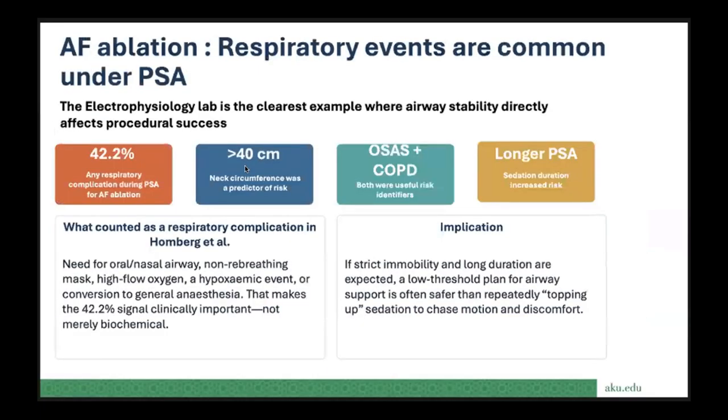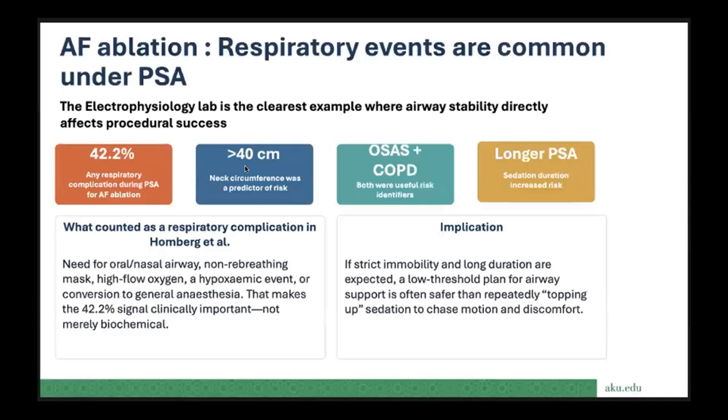Now, the atrial fibrillation ablation literature makes the respiratory problems very concrete. There was a study done by Homburg in which they found that respiratory complications during procedural sedation and analgesia were common, around 42.2%. And that matters because in electrophysiological work, airway instability is not just a physiological issue.